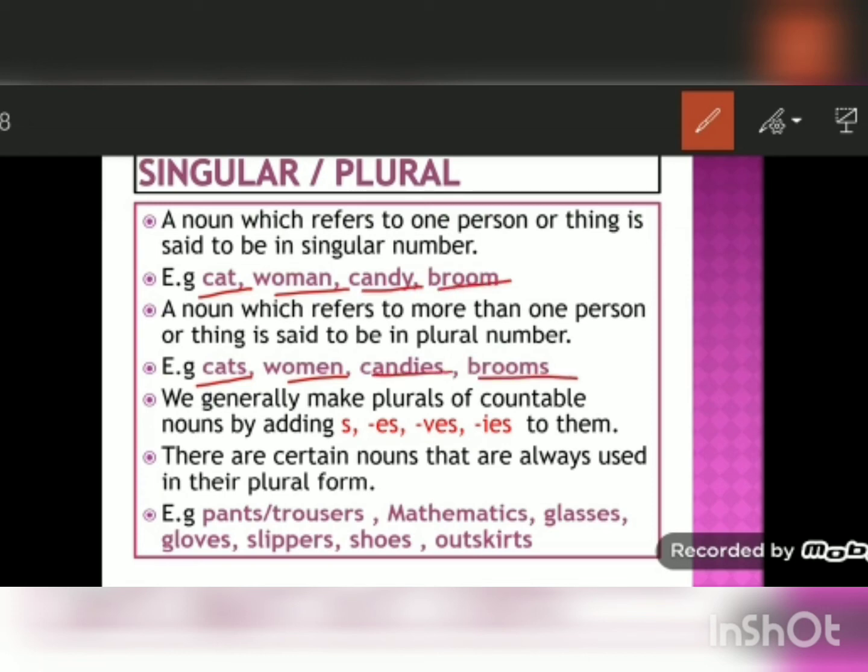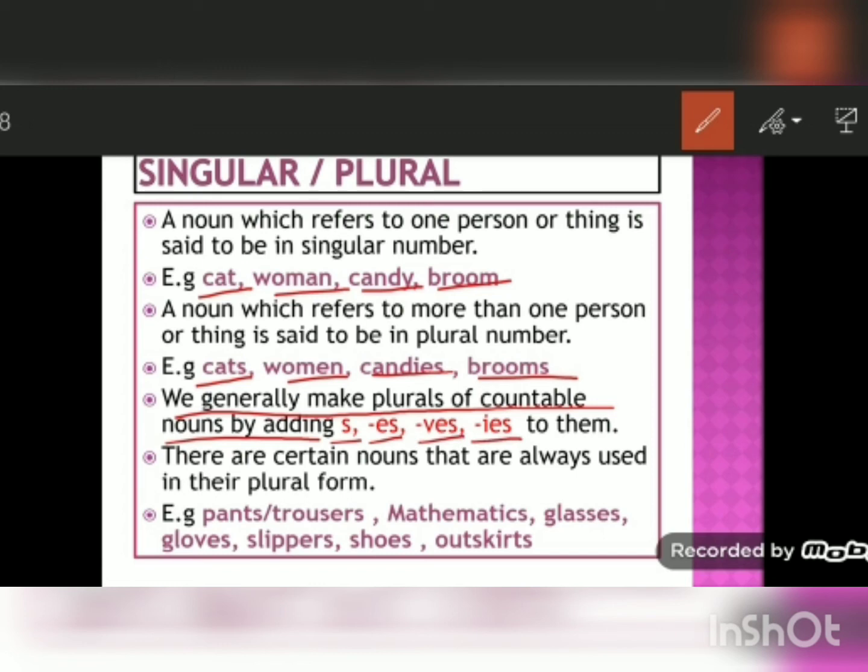So in plural we added s, es, ies or ves in order to make the plural form of the noun. We generally make plurals of countable nouns by adding s, es, ves, ies to them.